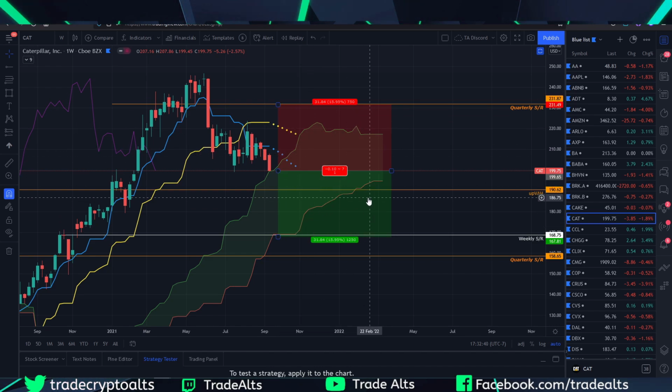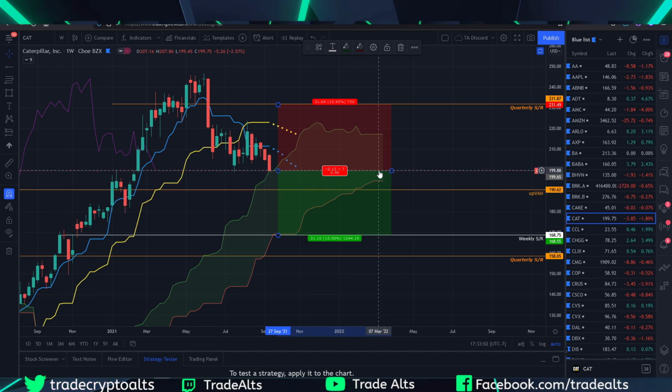Vice versa for the green. If price is in the green section, that means that your trade should be in profit. If it touches or exits the very end of the green box here, this is where your take profit is going to be, then your trade should exit in profit. And that would be the end of the trade.